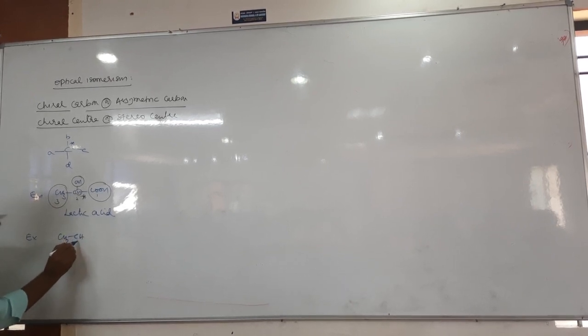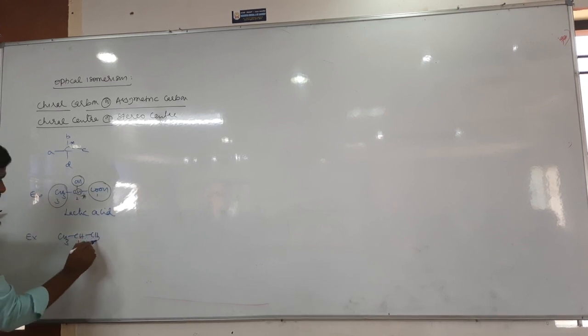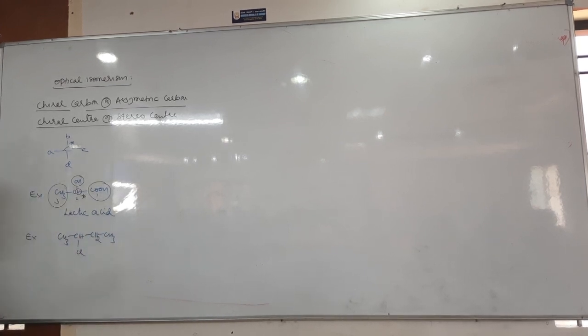Next, CH3, CHCl, CH2, CH3. Can it exhibit optical isomerism? Yes, there is one chiral carbon, asymmetric carbon. It can exhibit optical isomerism. Next, can this exhibit optical isomerism?